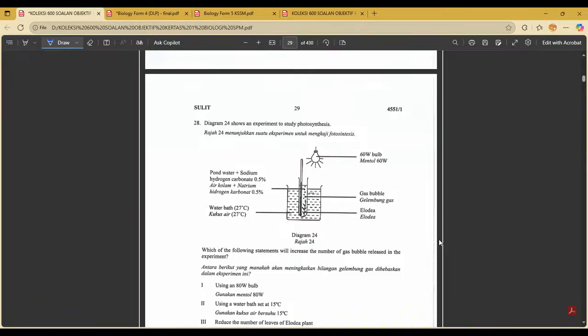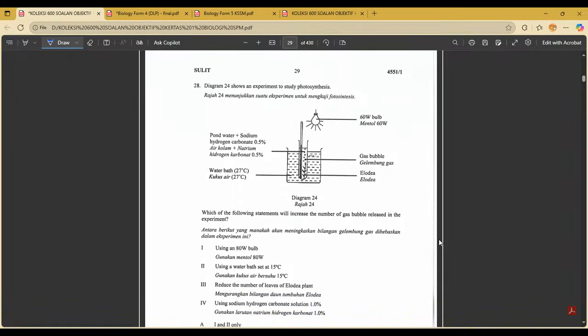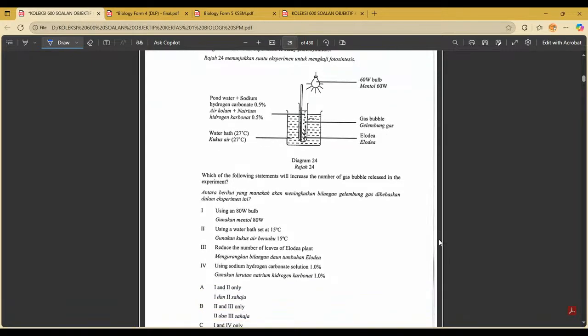Diagram 24 shows an experiment to study photosynthesis. So the following increase the number of gas bubbles. Water bath is at a good temperature. I think using an 80 watt bulb, this is the brightness factor, and using higher sodium hydrogen carbonate, this is the CO2 concentration factor.